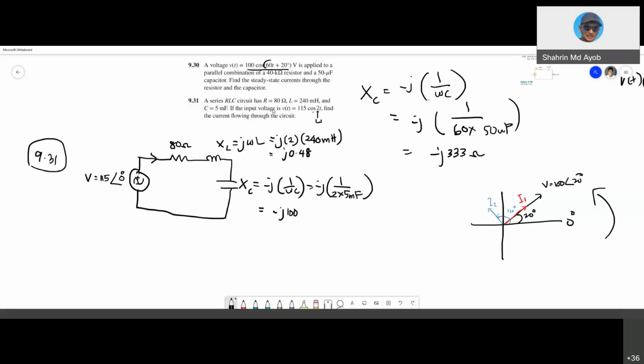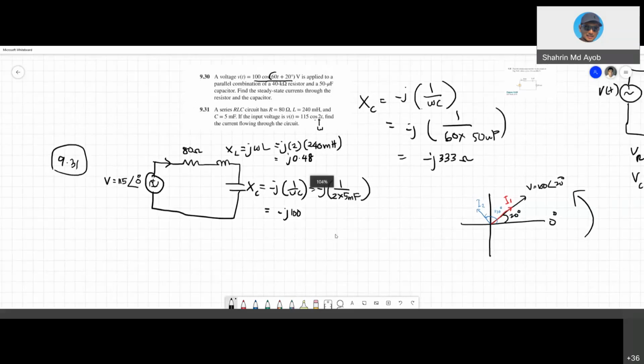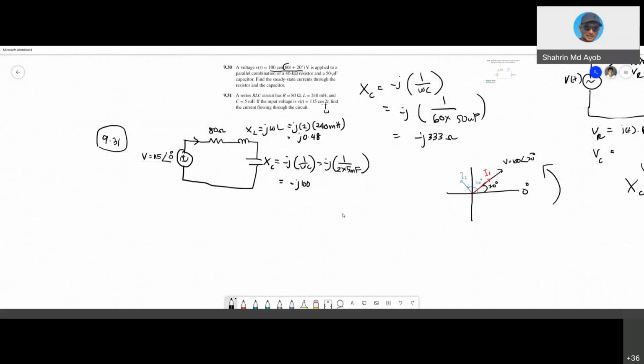Should we put milli? 240 milli multiplied with 2. Yeah, 0.48 ohm, no milli. Okay, this one is ohm.